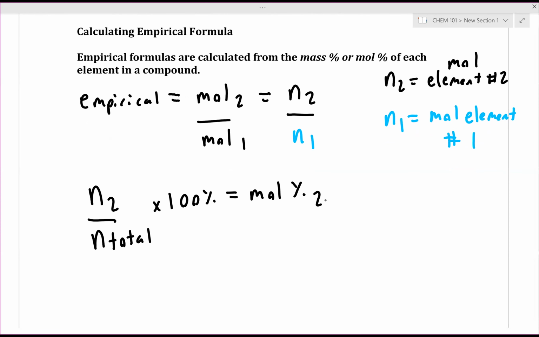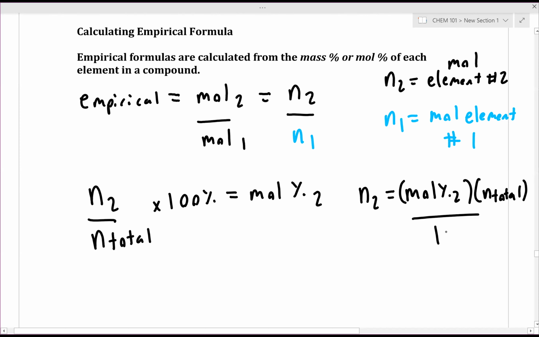Now, another way that we can write this is the moles of element 2 are equal to the mole percent of element 2 times the total moles over 100%, right? We have used this exact mole percentage equation before.